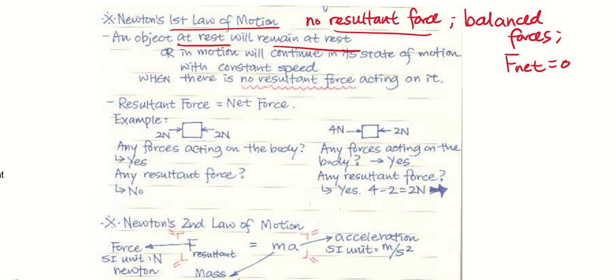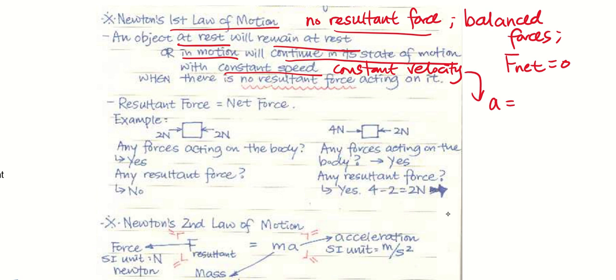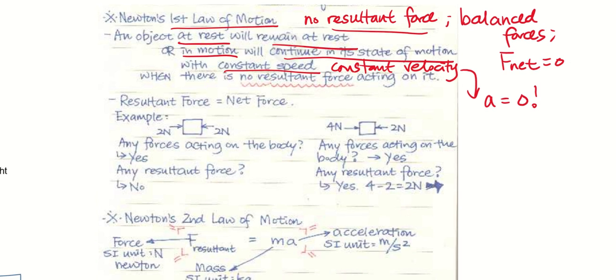Or if the object is already moving, it will continue in its state of motion with constant speed or constant velocity. In our kinematics chapter, we learned that constant velocity means your acceleration is 0. This is important because later on we'll be using this concept in the formula.